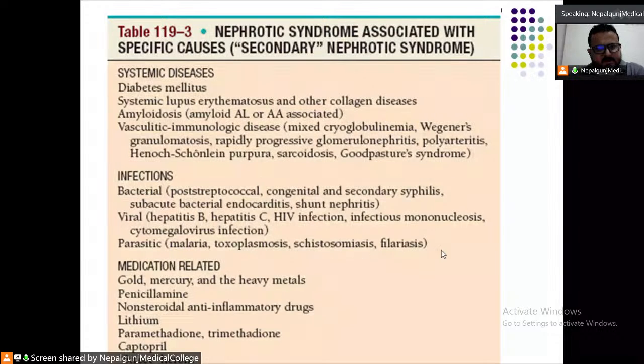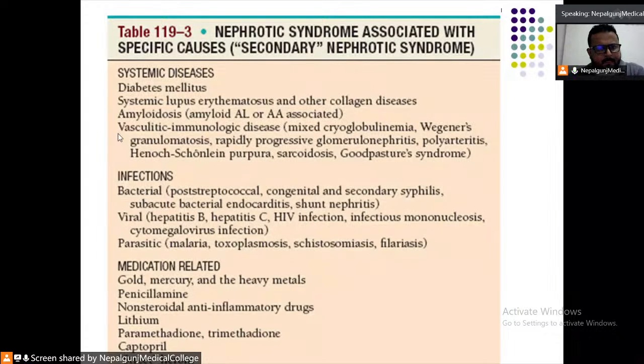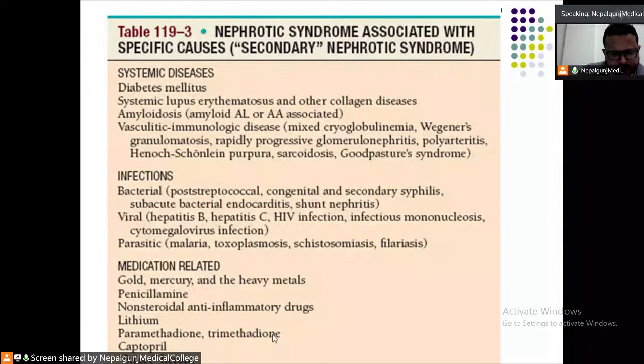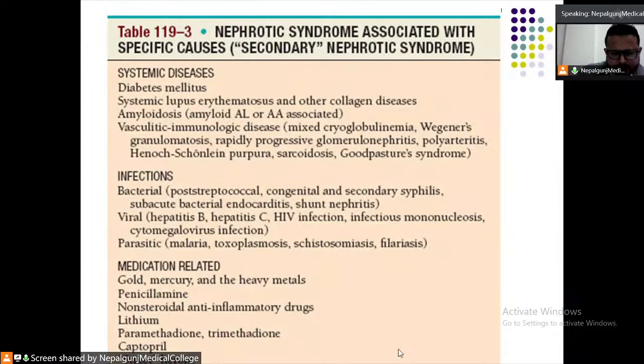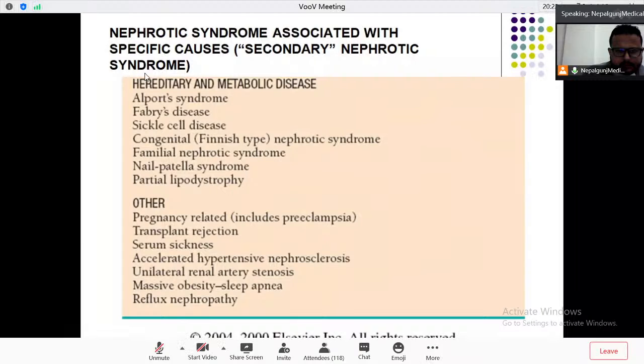So these are the infectious causes of nephrotic syndrome. Certain drugs can also induce nephrotic syndrome: gold, mercury, heavy metals, penicillamine, NSAID, lithium, trimethoprim, captopril, and heroin. So these are the other causes.